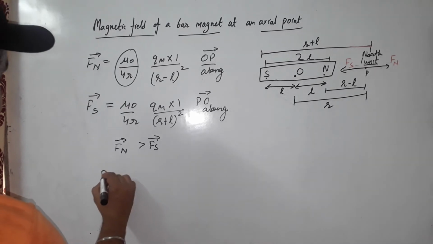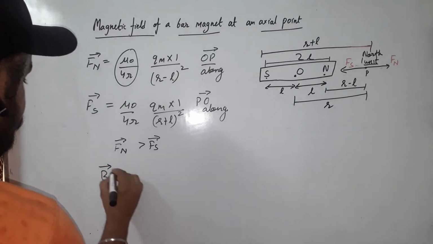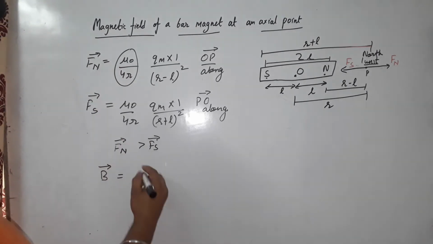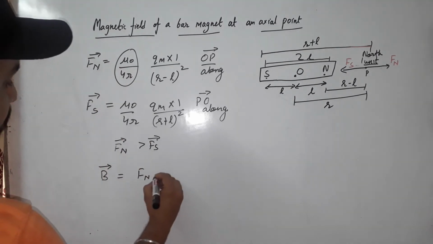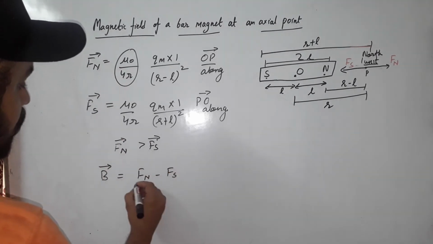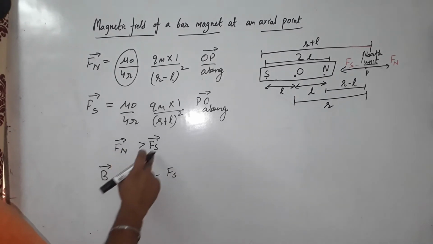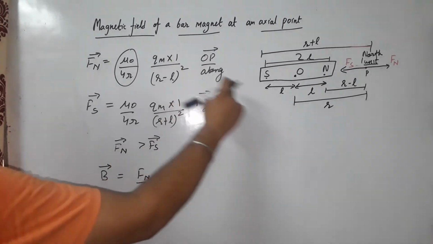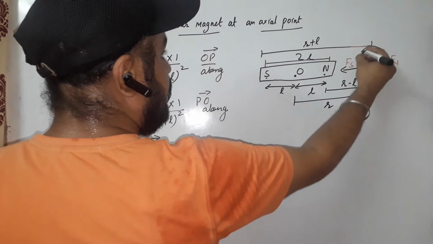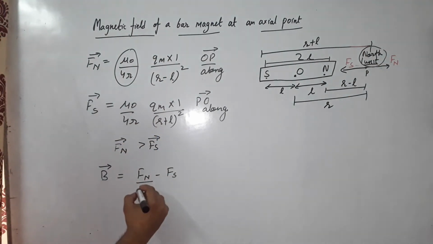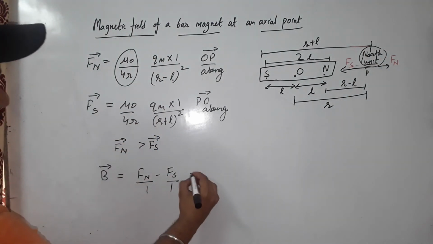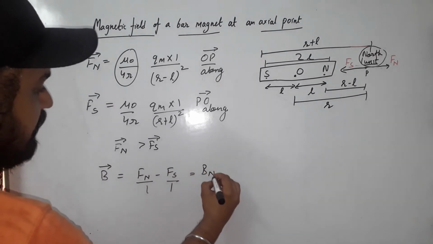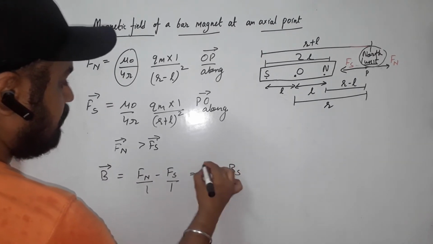So magnetic field will be equal to what? Fn minus Fs. Now if we divide Fn and Fs by the unit pole strength we assumed, when we divide by 1, it will become Bn minus Bs.